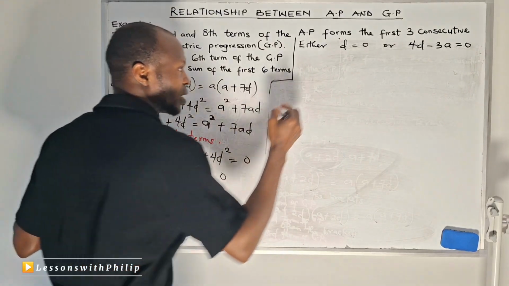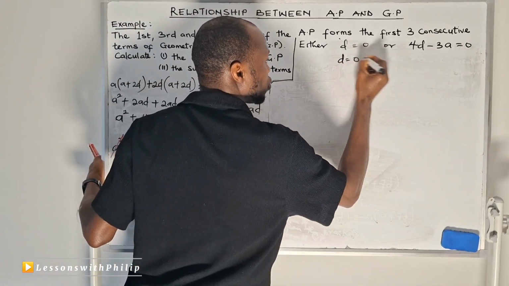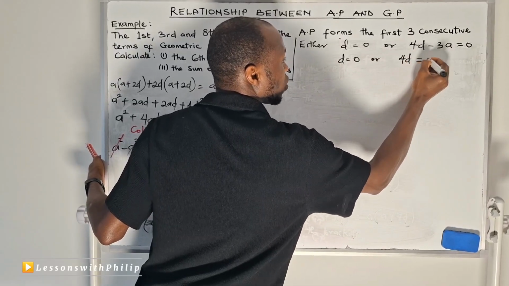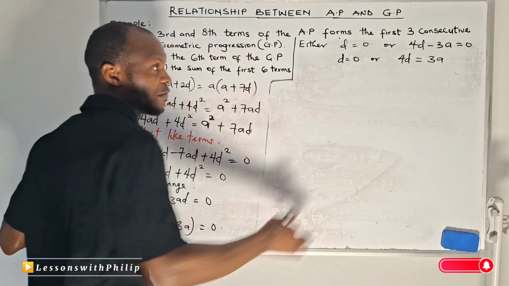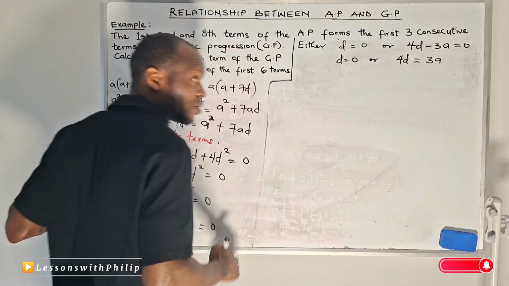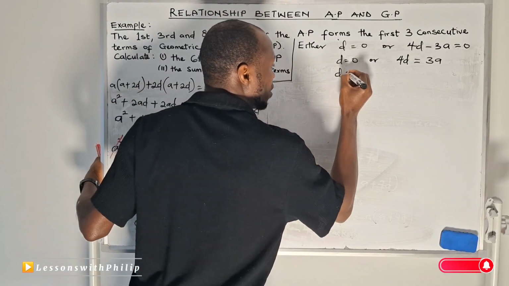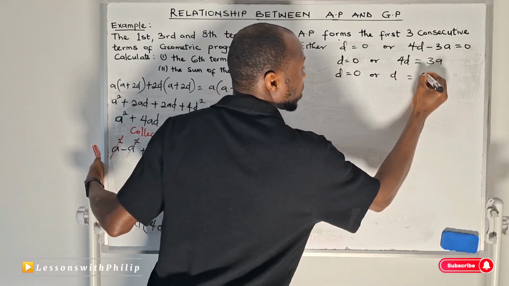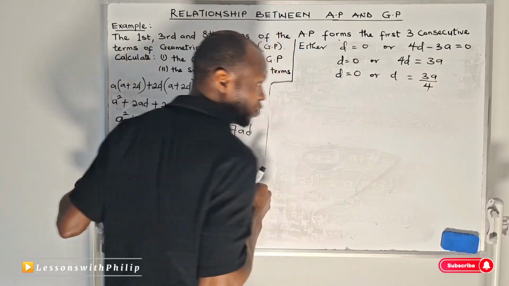Now, if you solve this, this will be D equals 0, or my 4D equals 3A. If you bring minus 3A, crossing equals to, it will be 0 plus 3A, and that will be 3A. So my D can be equal to 0, or my D equals 3A over 4. If you divide both sides by 4, you get that.